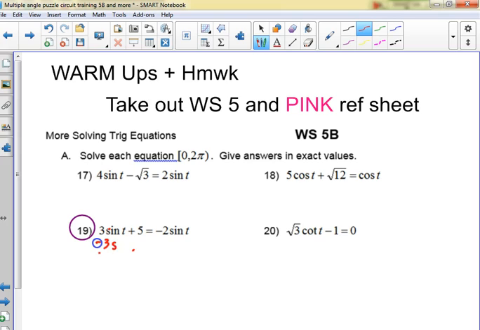So if I subtract 3 sine t over to this side, I have 5 equals -5 sine of t. Some of you just need to treat the trig function as an n or a u or something until you get to the end of the problem. If I divide here, I get -1 equals sine of t.